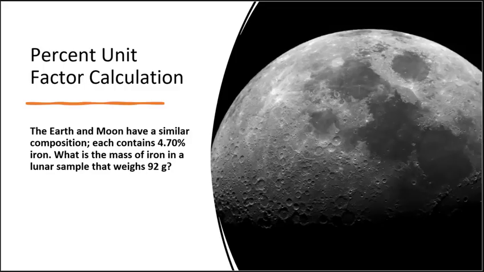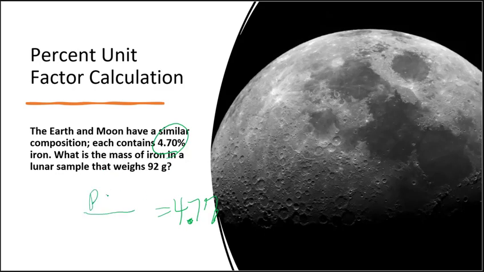So here's an example where I'm told that the Earth and the Moon have a similar composition and they each contain 4.7% iron. So I'm told the percentage, 4.7%, and it wants to know the mass of the iron.